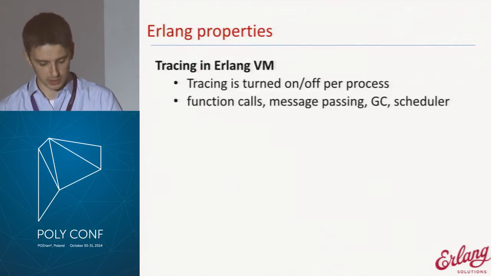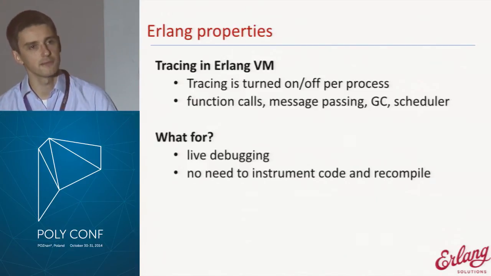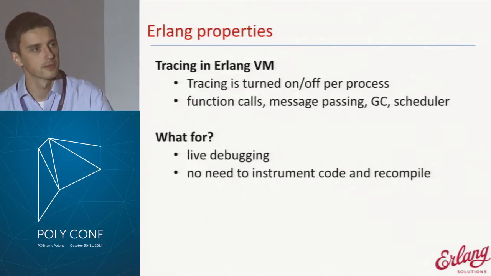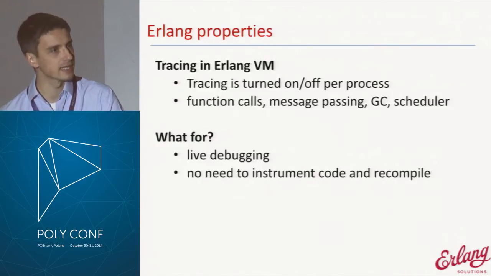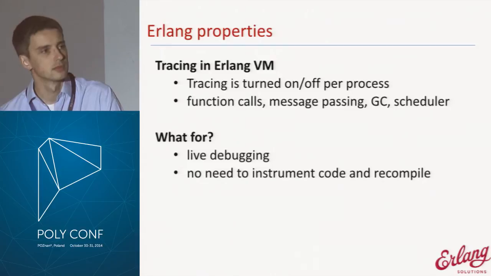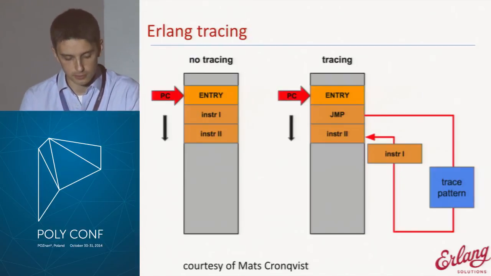So imagine that this can allow you to have a live debugging session and no need to instrument code and then recompile. Because you can enable this dynamically in a running system. And then provide some pattern. So what is it exactly that you want to trace? Already some good tools have been built on top of this feature.